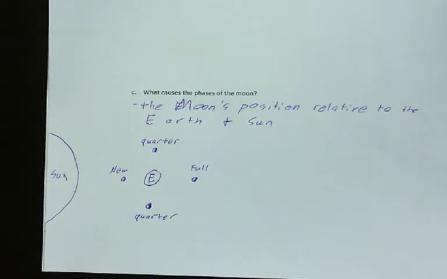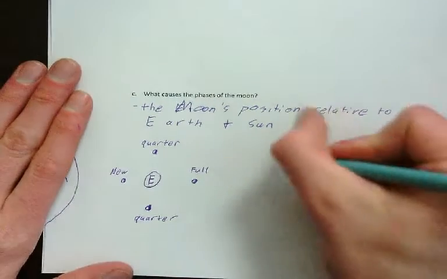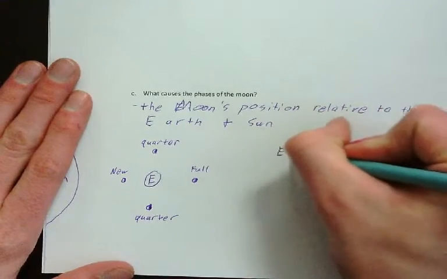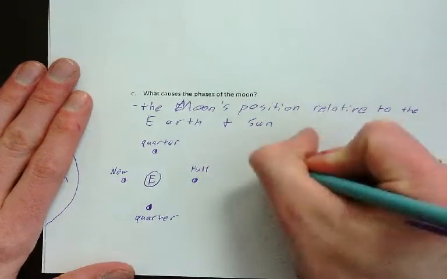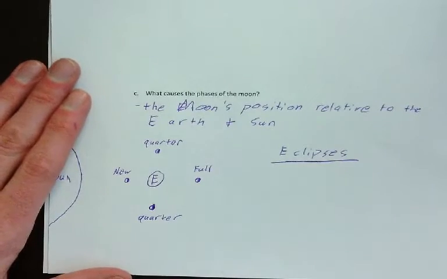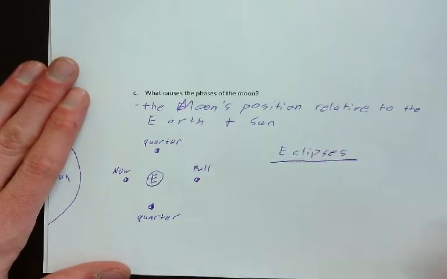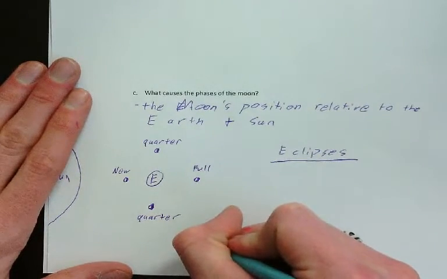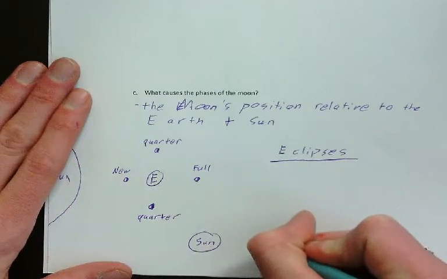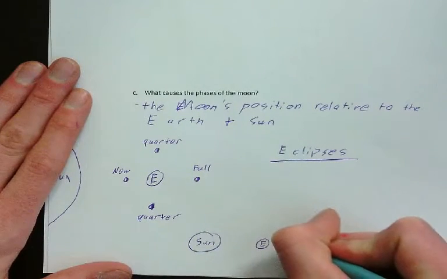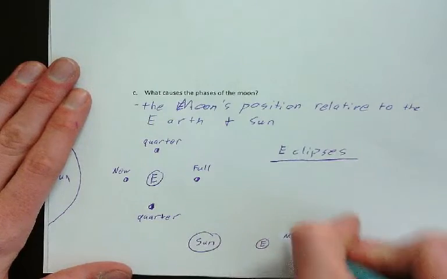So let's talk about what Josh was saying. Let's talk about eclipses. So for eclipses, here's the sun. Here's the Earth. The moon does not sit in a flat plane.